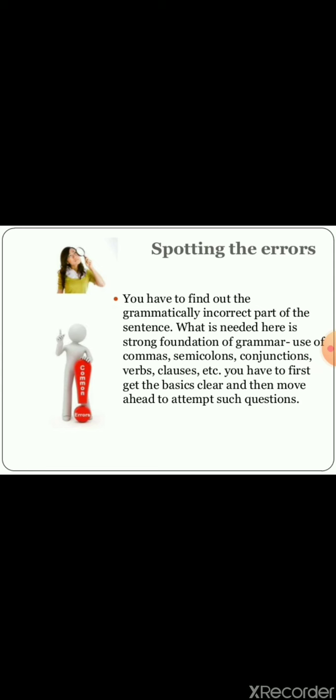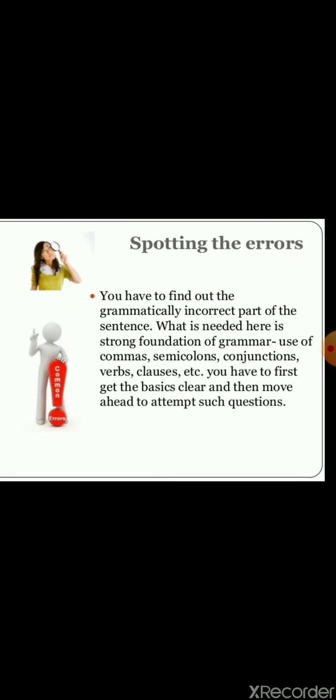In the second image, he is holding something in hand, and it is written there: common errors. We will be working on the common errors as well. So you have to find the grammatically incorrect part of the sentence. What is needed here is a strong foundation of grammar.